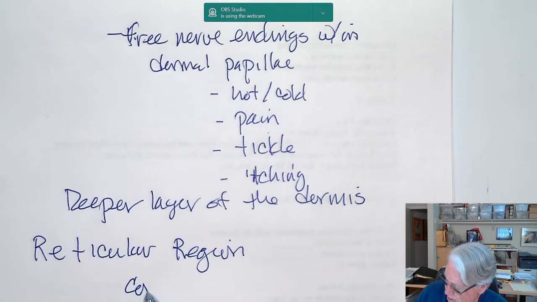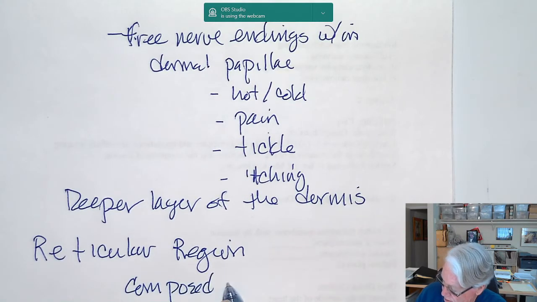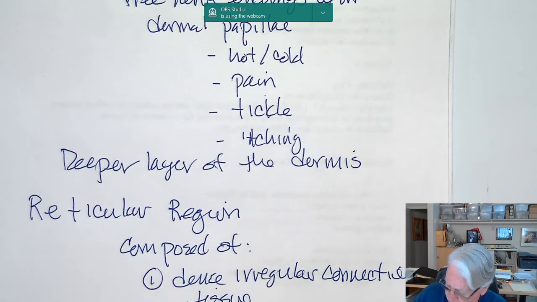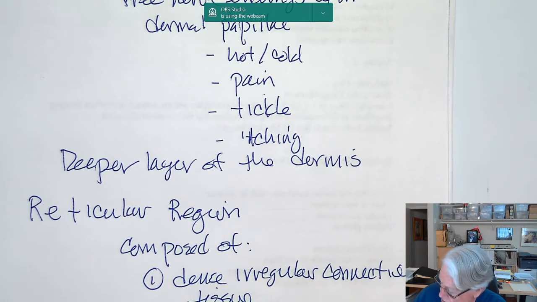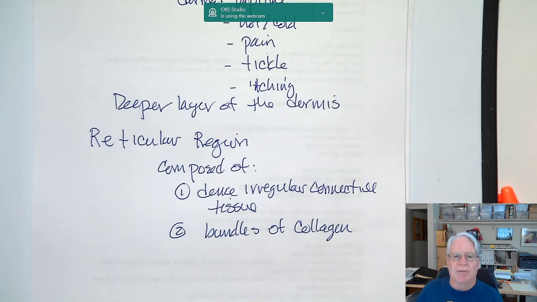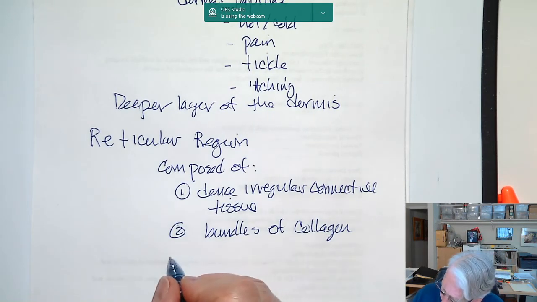And this is going to be composed of dense, irregular connective tissue and bundles of collagen fibers. So in addition to the typical dense, irregular connective tissue, we're also going to have bundles of collagen fibers to reinforce that tissue.